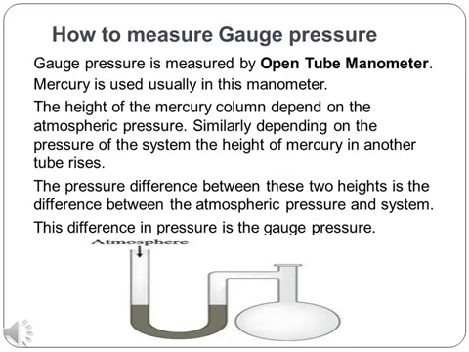Similarly, depending on the pressure of the system, the height of the mercury in another tube rises. The pressure difference between these two heights is the difference between the atmospheric pressure and the system pressure. This difference in pressure is the gauge pressure.